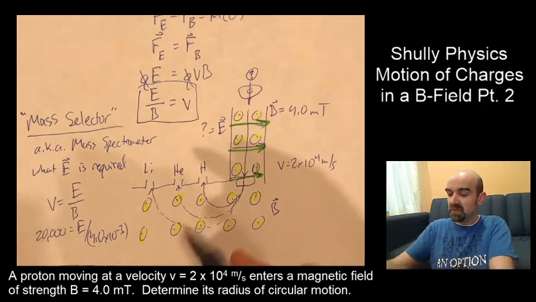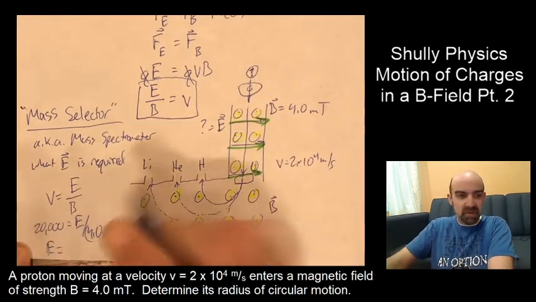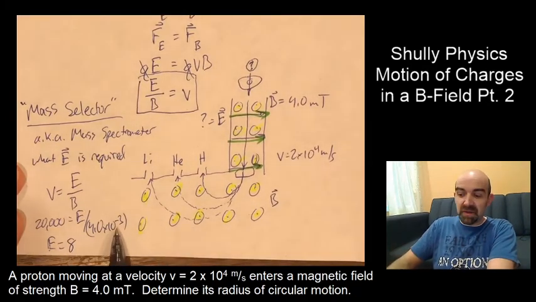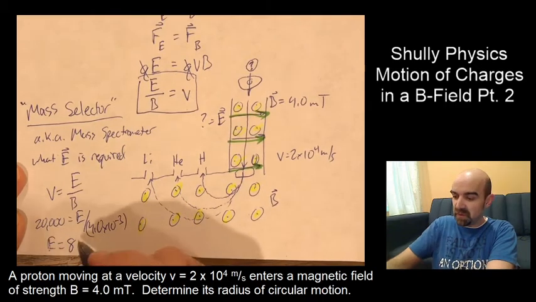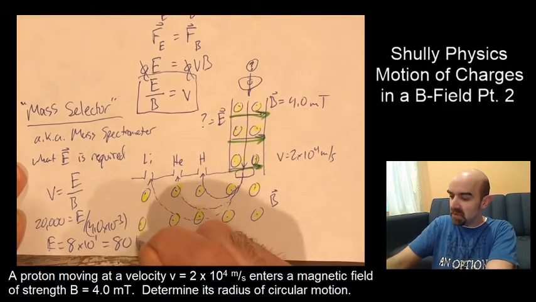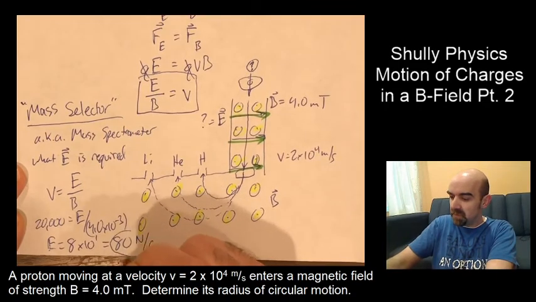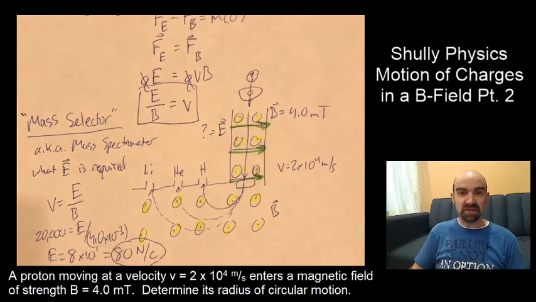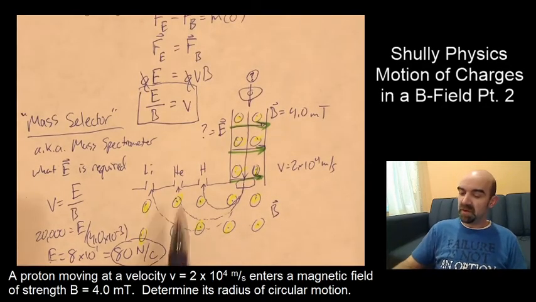So 4 times 2 is 8. So our last piece here, we're going to have 8. And 10 to the negative 3 times 10 to the 4 is 10 to the 1. So that'll be 80 newtons per coulomb electric field. We now can create our velocity selector that'll help us create our mass selector.